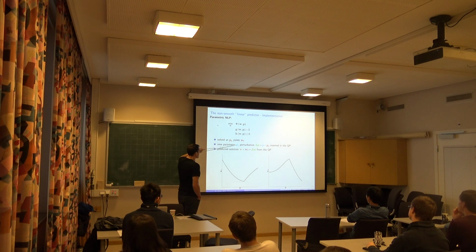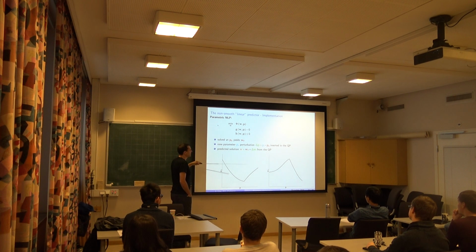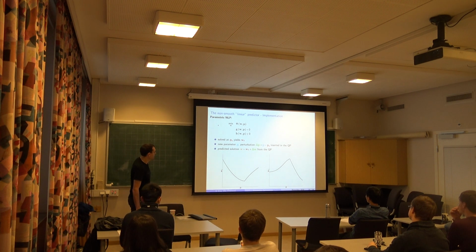And you can see this new P as a perturbation, call it delta P, so this P minus P0. You insert that delta P in the QP, you solve the QP, you get the delta W, and then you use this delta W to correct your W0. You see that idea?